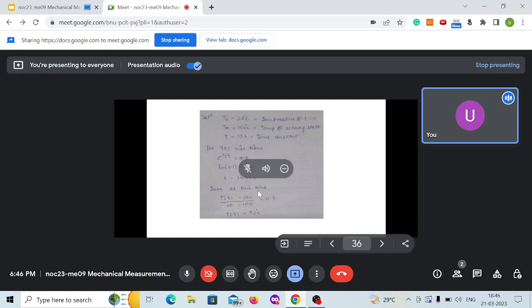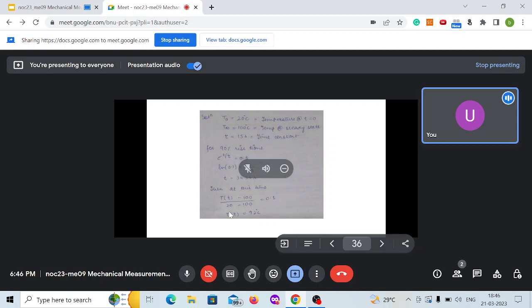Then at this time, we have to find what the temperature will be. You know e raised to power minus t by tau is 0.1, which is 10%. The difference between the thermometer and the temperature bath is T minus 100. That difference is just 10% of the maximum temperature difference, which is T naught minus T infinity.